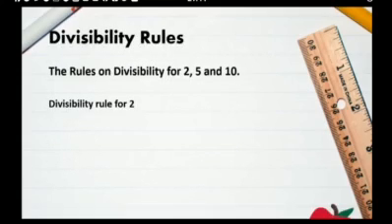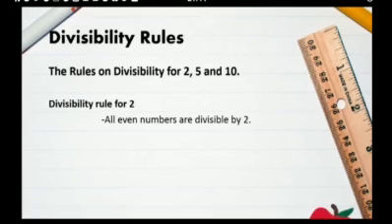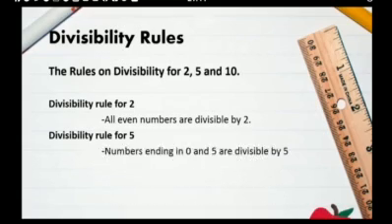So I repeat, the divisibility rule for 2: all even numbers are divisible by 2. Those numbers end with the digit 2, 4, 6, 8, including 0. And the divisibility rule for 5: numbers ending in 0 and 5 are divisible by 5.